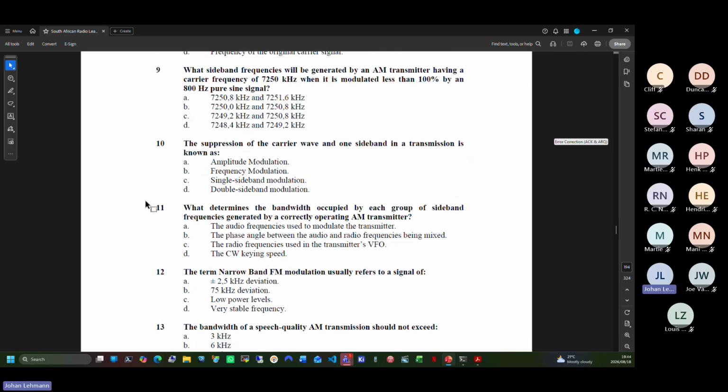The suppression of the carrier wave and one sideband in the transmission is known as? It's single sideband. Single sideband modulation, yes. What determines the bandwidth occupied by each group of sideband frequencies generated by a correctly operating AM transmitter?